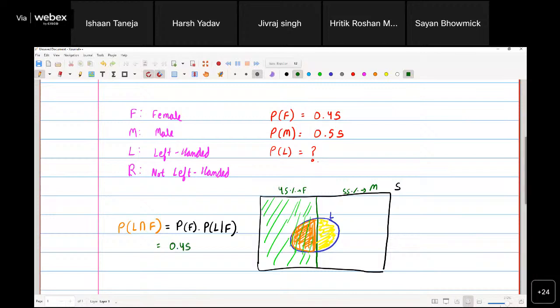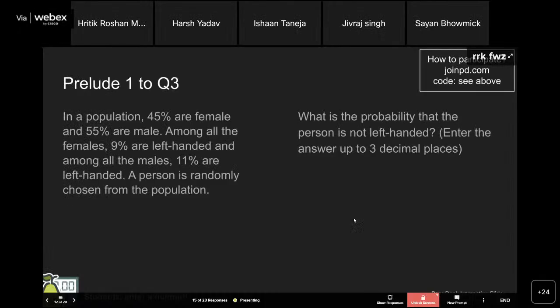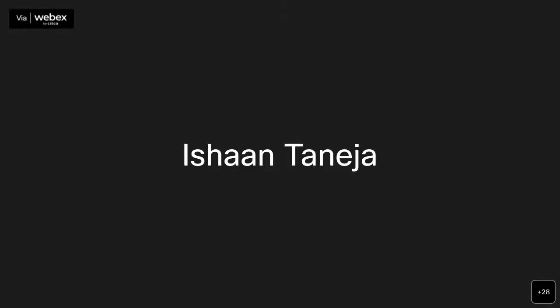From which statement do we know this? 9% of females are left-handed. It means given females, the probability of being left-handed is 9%, right? So that's where this L given F comes in.